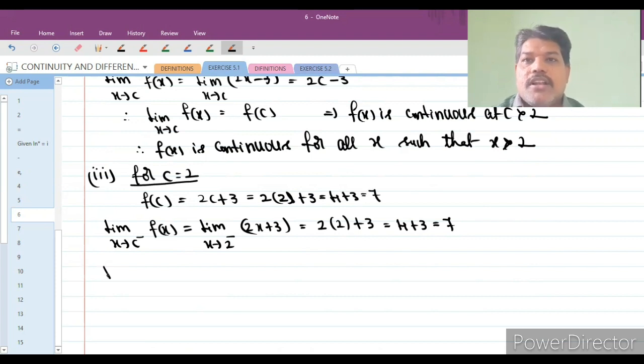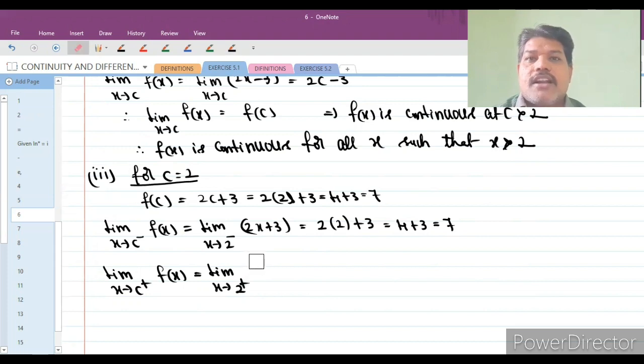See the next one: limit extending to c plus f of x. That meaning is a right hand limit. So in that case, what we will get: limit extending to 2 plus f of x. What is f of x, students, for x greater than 2?